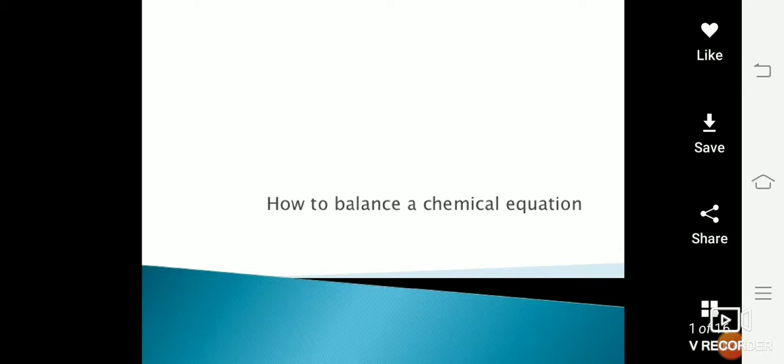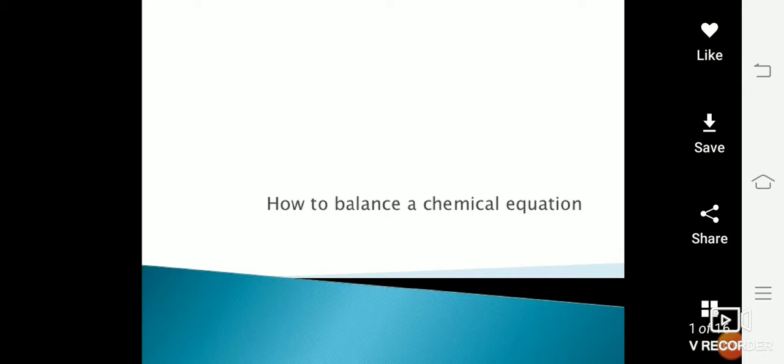So today the method which we are going to discuss in brief would be the hit and trial method, because this is my favorite method and one of the easiest methods to balance a chemical equation. Keep your books and pens handy so that you can write down the tricks to balance a chemical equation.